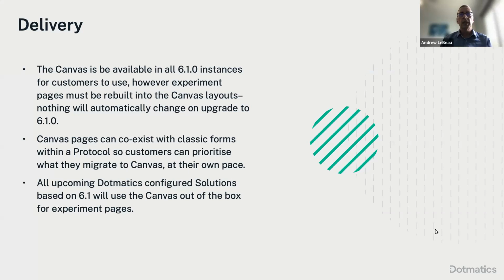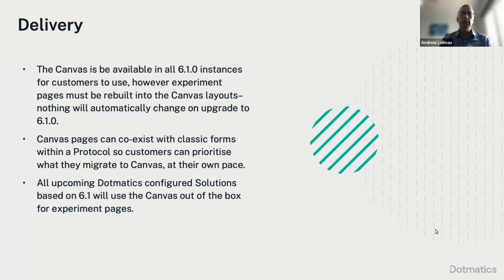So with the 6.1 release, the canvas will be available in all environments out of the box. However, nothing will be changed if you're a customer who upgrades to 6.1. Nothing will happen automatically. The Canvas pages can coexist with the classic forms within a protocol, and so you will be able to adopt them at your own pace. So for example, you can take one ELN protocol, one page of that protocol, and then create an analogous page based on the new Canvas forms.